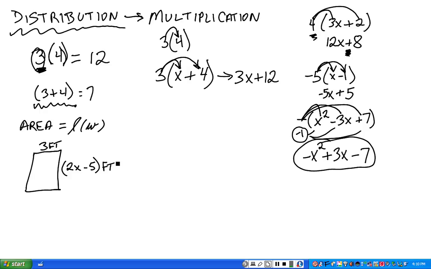So this rectangle is 3 feet wide and 2x minus 5 feet long.